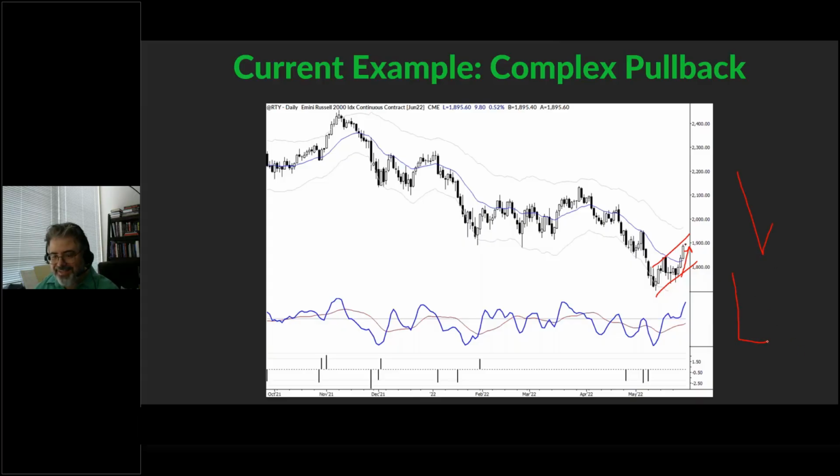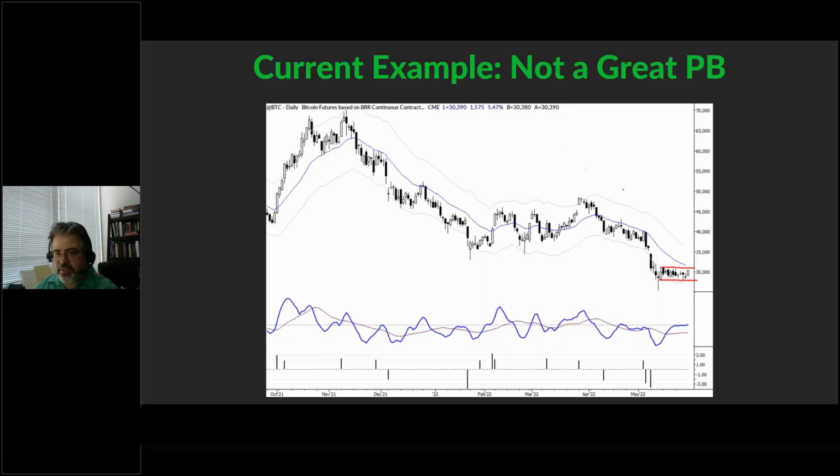If you see this, it's tradable sometimes, but it's not quite the same dynamic. And one that we want to avoid is this, and I'll show you an example, where it kind of bleeds in the direction. So this is the kind of trade that, generally speaking, if we were looking to put a trade on based on a pullback, this is not a market that we would like to trade.